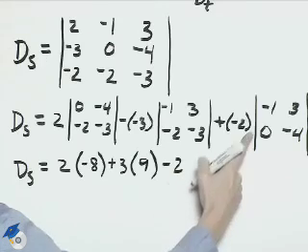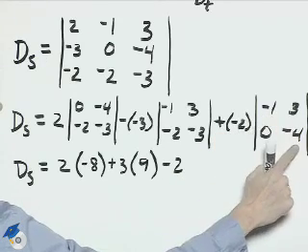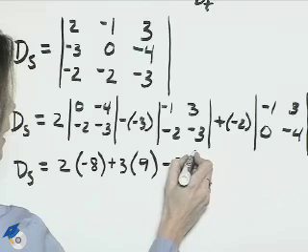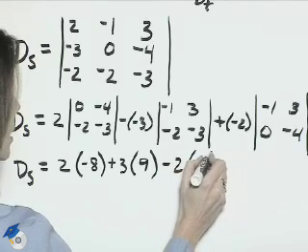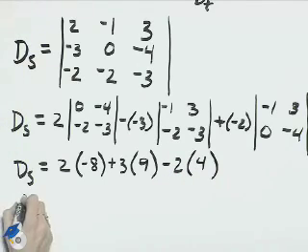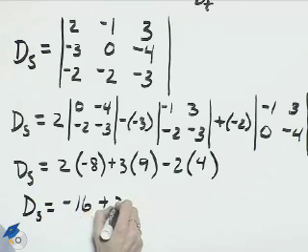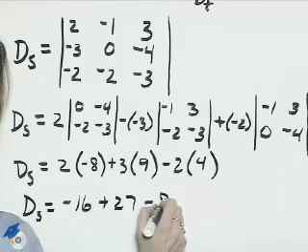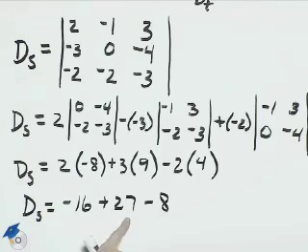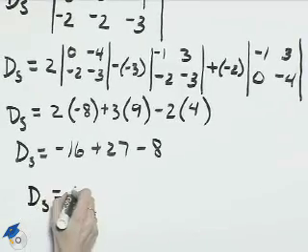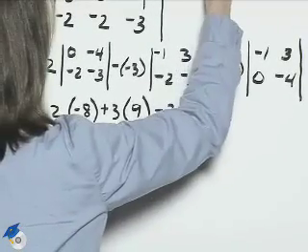Or minus 2 times the quantity negative 1 times negative 4, that's positive 4, minus 0, so we'll have this as just 4. D sub S equals negative 16 plus 27 minus 8. Negative 16 plus 27 is 11. 11 minus 8 is 3. D sub S is equal to 3.